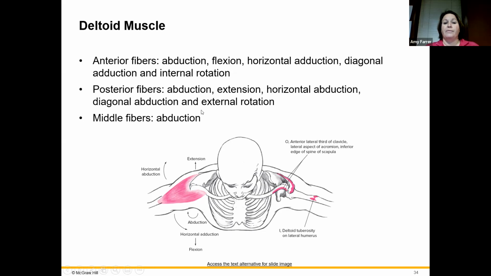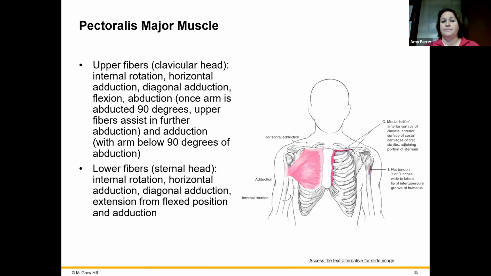Our posterior fibers are going to really be responsible for extension, horizontal abduction, diagonal abduction, and external rotation. Those middle fibers are only going to be responsible for abduction, greatly assisted by that anterior and posterior. Remember, we talked about those synergistic in nature, okay? The two of them working together, even though one flexes and one extends, is going to meet in the middle to help with abduction. So your deltoid is responsible as the prime mover of abduction.